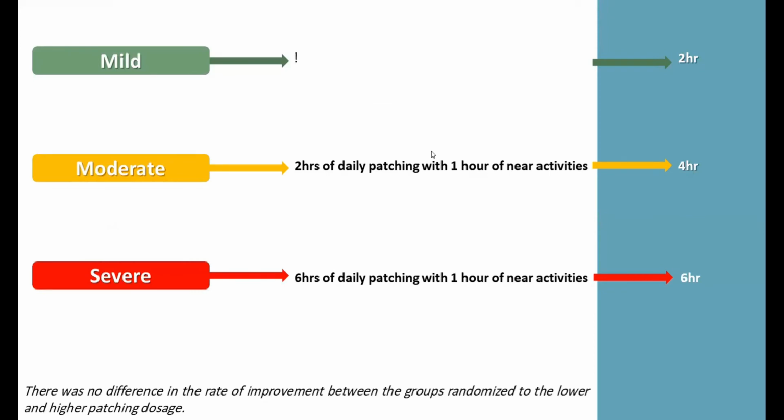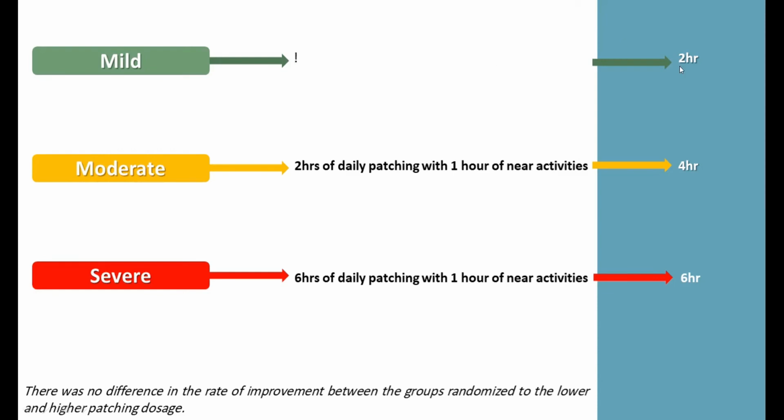Most amblyopia treatment studies on moderate amblyopia, like actually from 2004, recommend 2 hours of daily patching. And in severe, they recommend 6 hours of daily patching with 1 hour of near activities. But there is nothing to mention about very mild amblyopia.